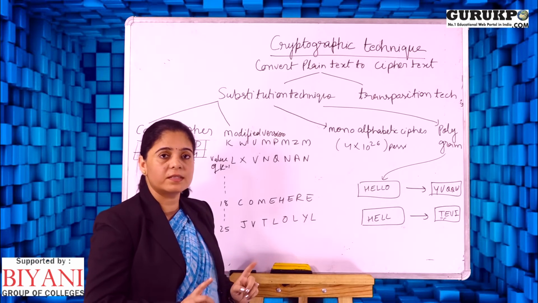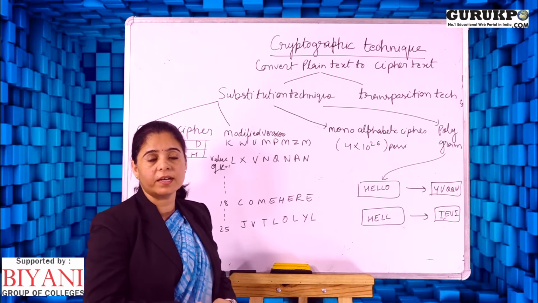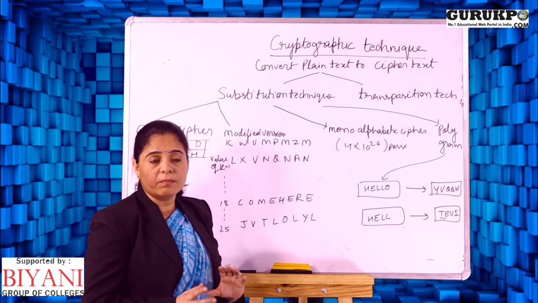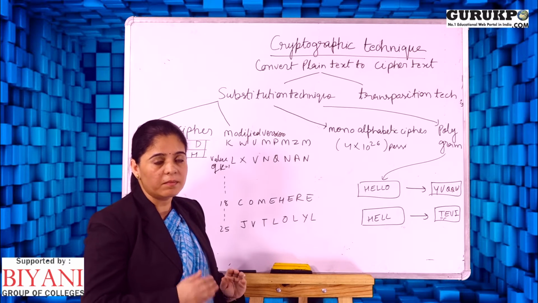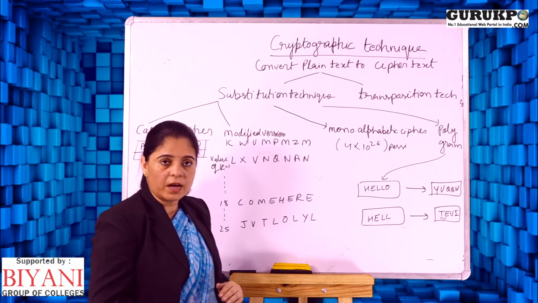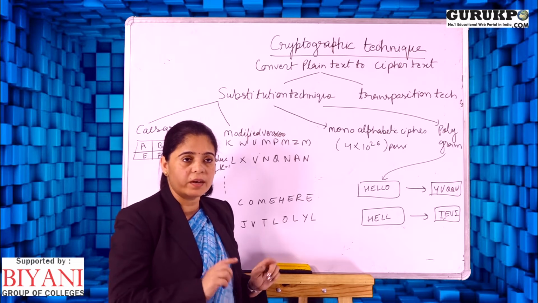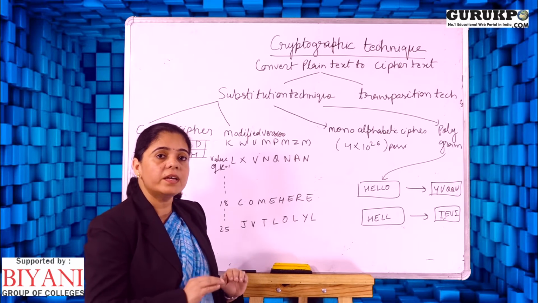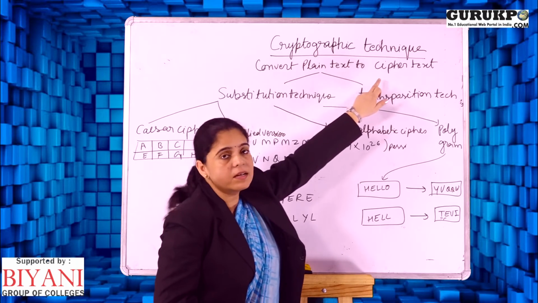Ciphertext means we hide the messages using some codified scheme, that is, we encode the messages. So when we open our account on, suppose, Gmail, the username we write is plain text, and the password we type is ciphertext.